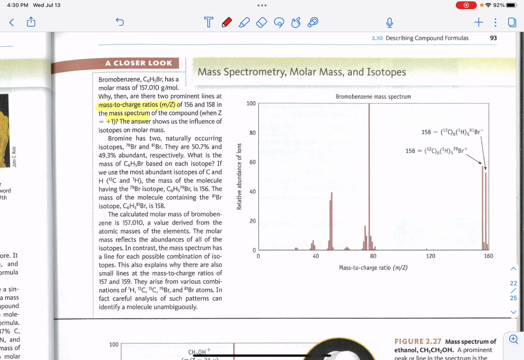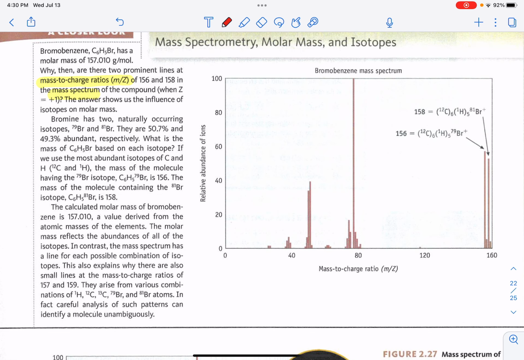And the relative peaks show you the percentages, the relative abundance, which can be converted into percentage, of each of the different isotopes, of each of the different atoms, as well as the isotopes of those atoms that you would have in this particular compound. So bromine has a weighted average from the periodic table between 156 and 158, way out here.